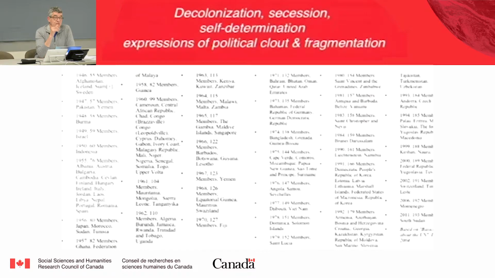So this is a table that I made to show that post 1946, when the UN starts with 55 members, we have basically creation of new members. We have new members that appear in the UN almost every single year.